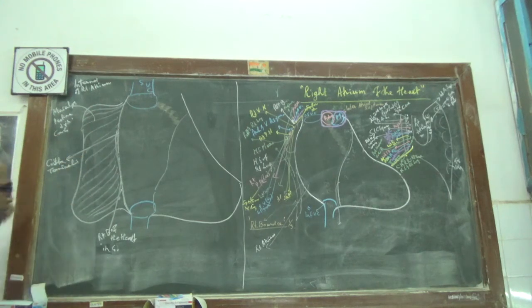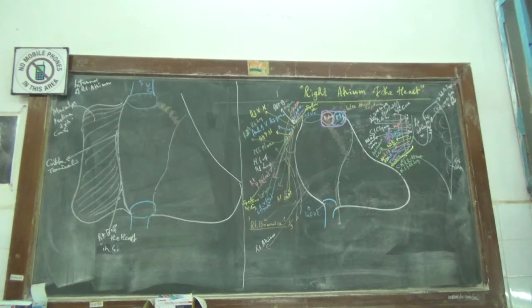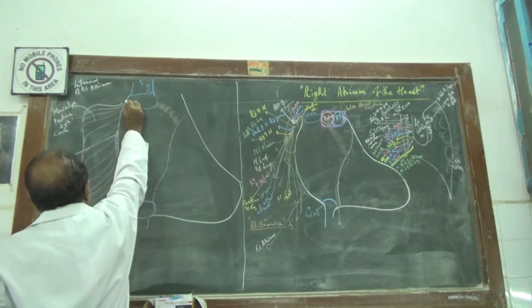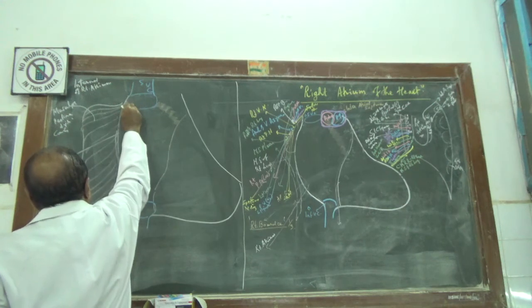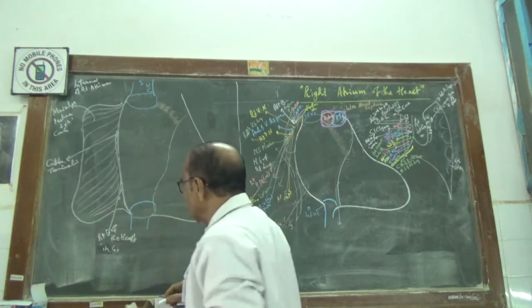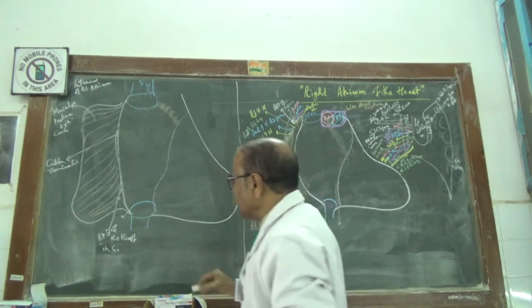This crista terminalis is a band of white fibrous, tendinous tissue extending from the right part of the opening of the superior vena cava. It runs downwards and medially to end at the right part of the opening of the inferior vena cava.